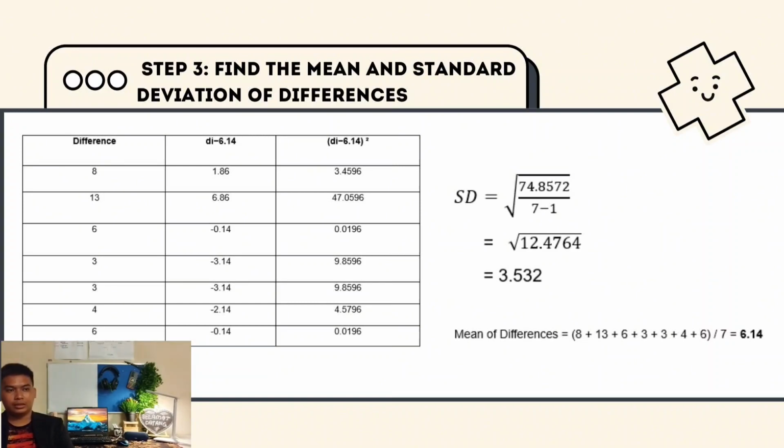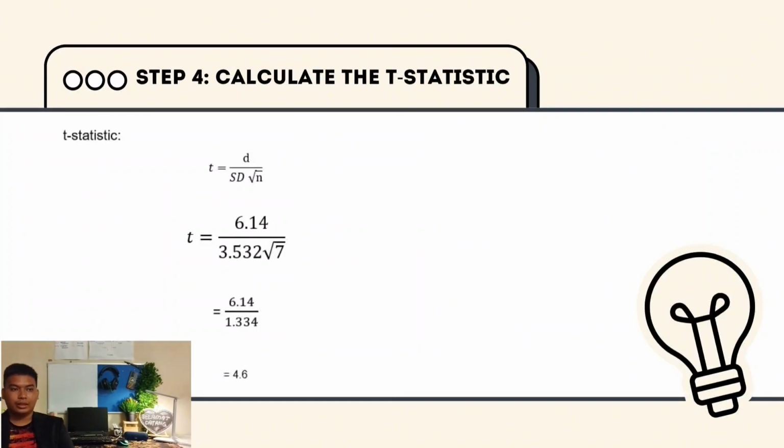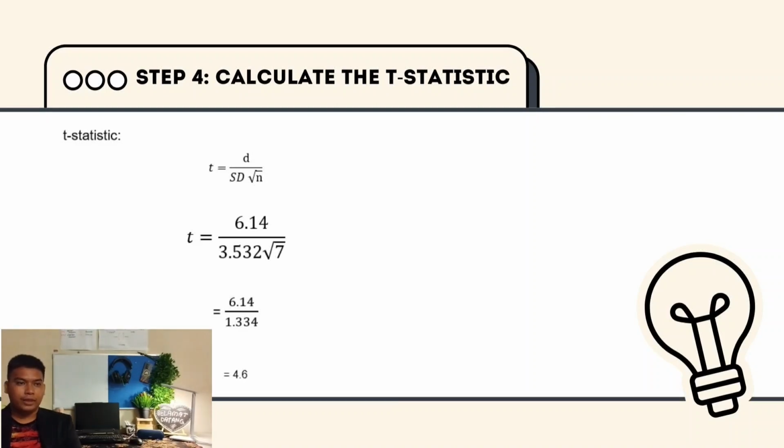The hypothesis is that the population mean difference under the null hypothesis is 0, assuming the program has no effect. And then we calculate the t statistic using the formula, which is t equals the mean divided by the standard deviation of the differences over the square root of n.